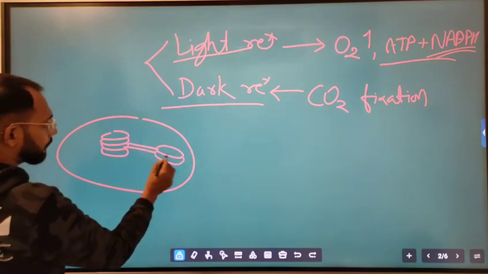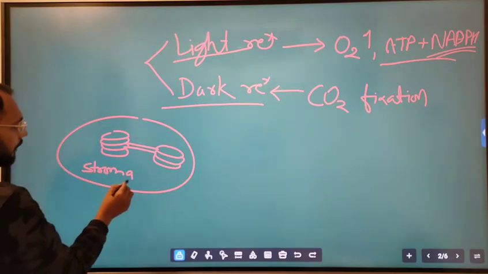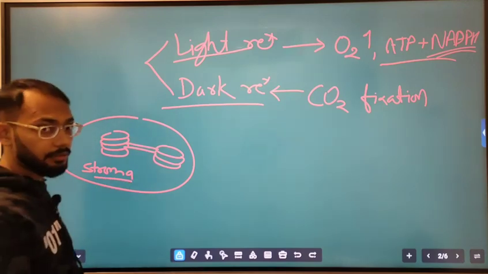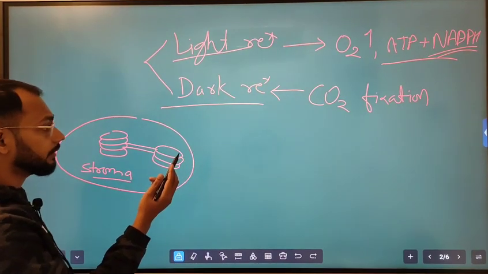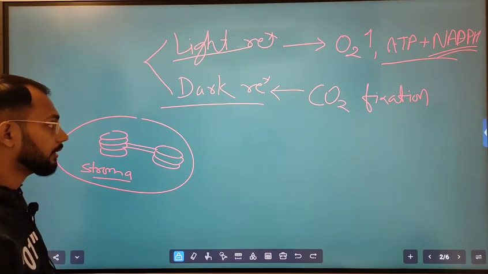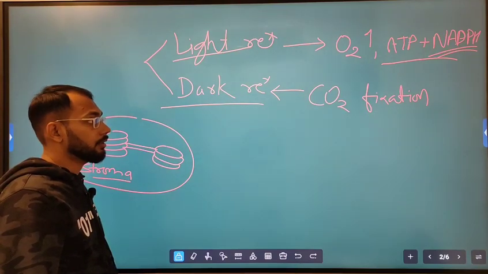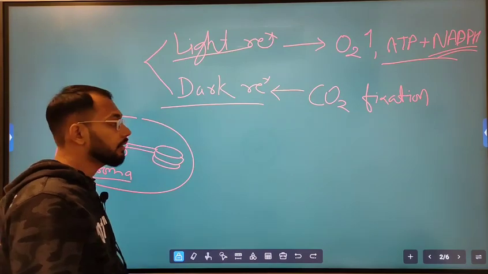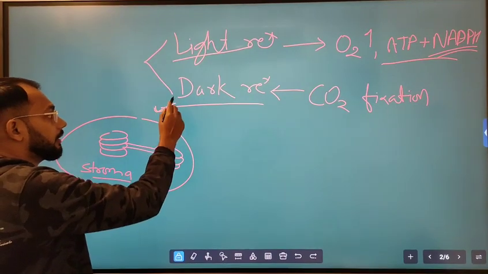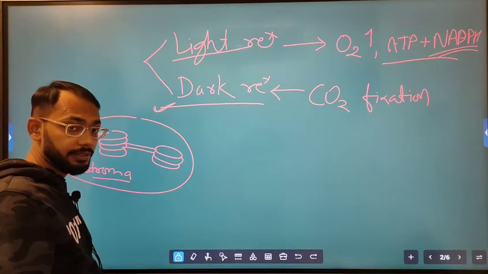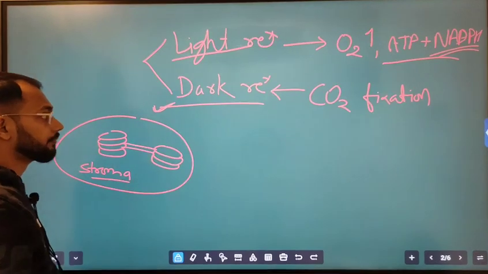In the chloroplast stroma, there are various enzymes which catalyze the dark reaction, in which carbon dioxide is incorporated in the carbohydrate like glucose, fructose, sucrose, starch. Primarily in the dark reaction, atmospheric carbon dioxide is incorporated in the organic molecule.